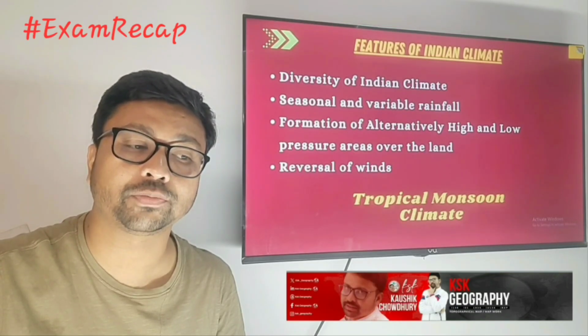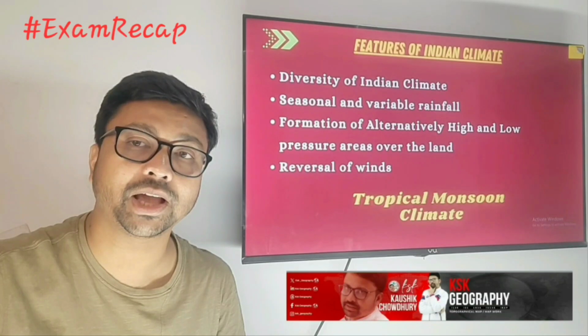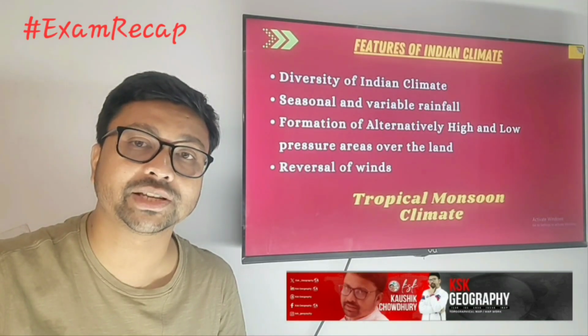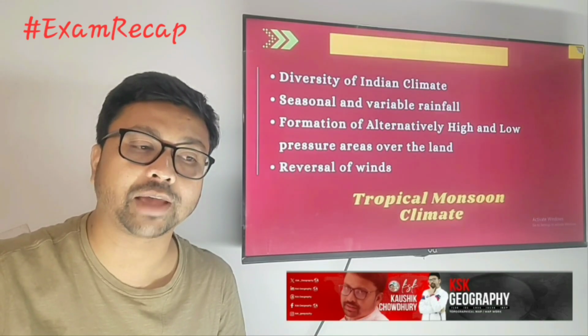It's called reversal of wind, and that's why it is called monsoon. India is called a tropical monsoon climate. Why? Because India is located in the tropical area, and monsoon means a change in direction as per the season. As we experience season change in India, altogether it is called tropical monsoon climate.